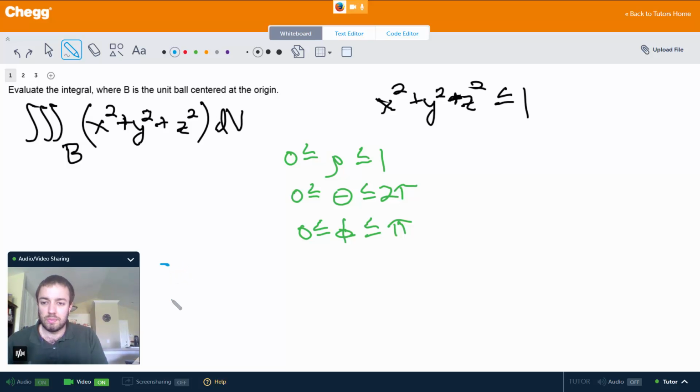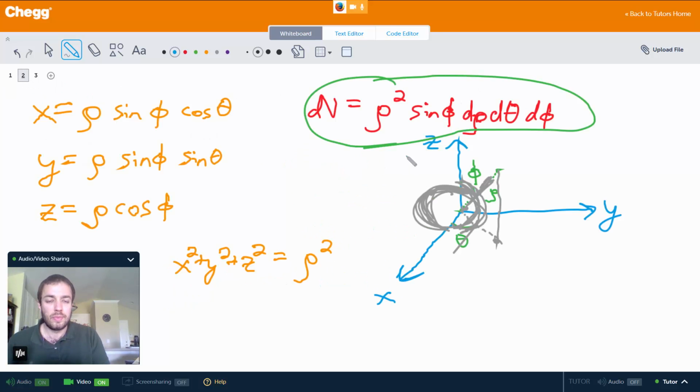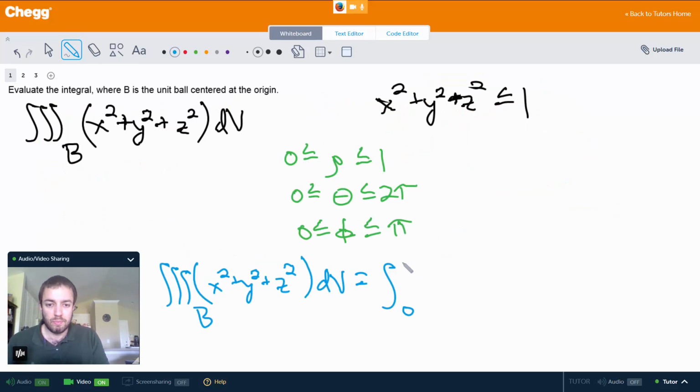So then the triple integral over b of x squared plus y squared plus z squared dv equals, so we're integrating d rho, d theta, d phi. So this corresponds to the inside integral, this is the middle integral, and this is the outer integral. So phi is the outer integral, and for phi we have the bounds of 0 to pi. And then for theta, that's 0 to 2 pi. Or sorry, that's the middle integral.